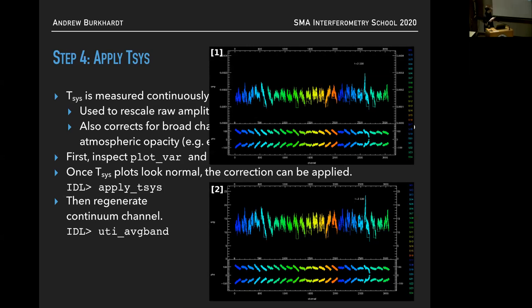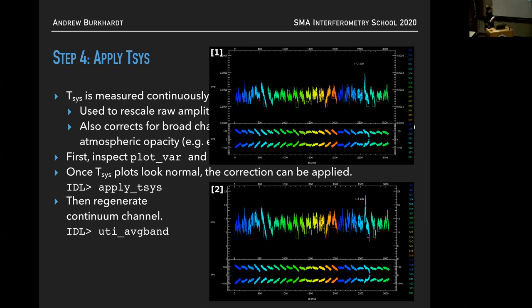This is a before and after. You can see there's a moderate improvement. But the bigger thing is, you can't really read it from here, but we go from an amplitude of about 0.0002 to reasonable flux values that we would expect for some sort of bright source that we'd be looking at.